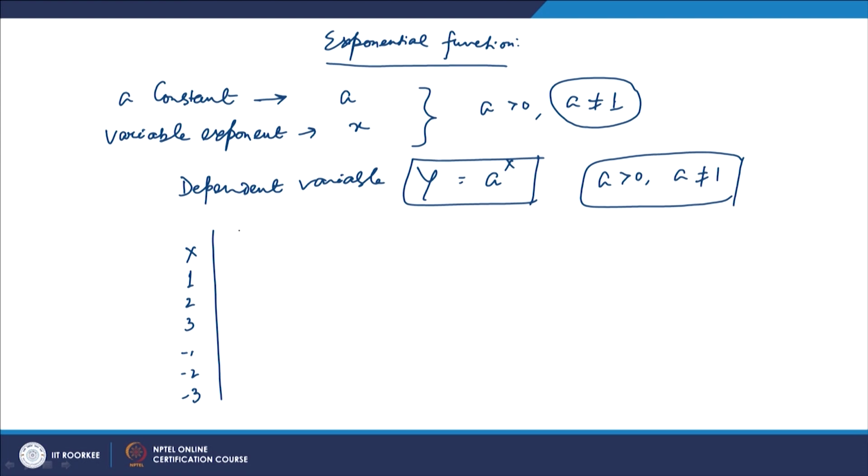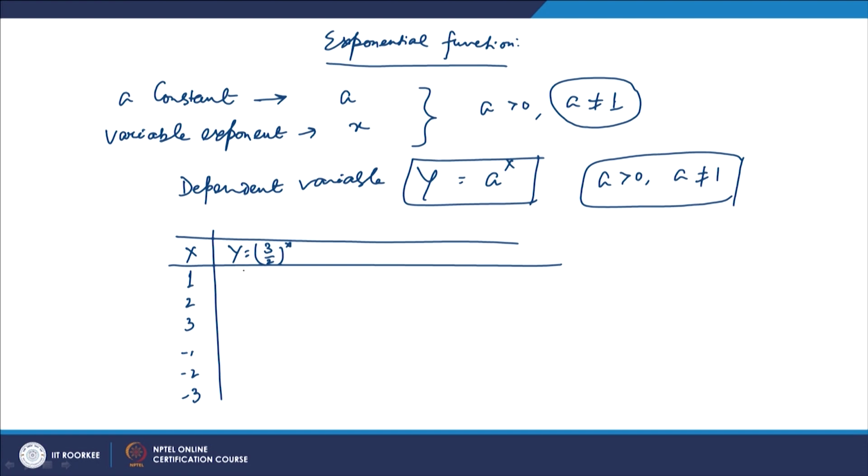This x is basically your independent variable, and y is 3 by 2 raised to the power x. Now, a is basically 3 by 2, and you will have values coming up.